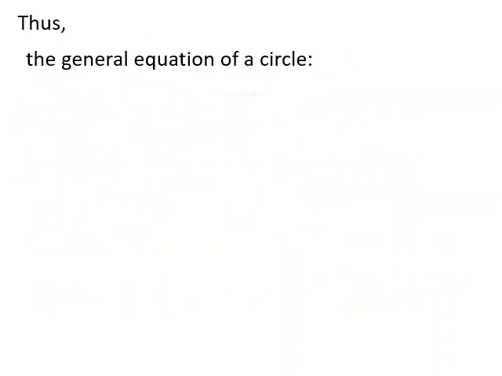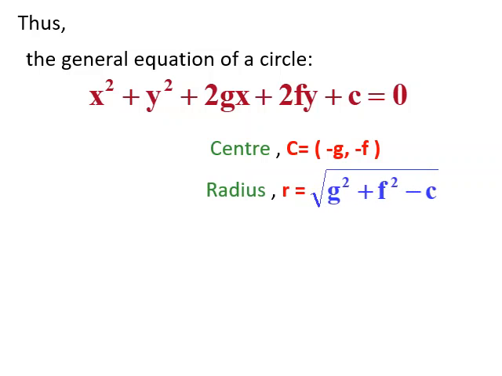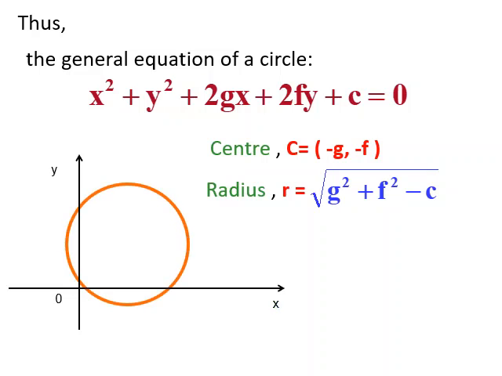Thus, the general equation of a circle is given by x^2 + y^2 + 2gx + 2fy + c = 0, where the center is (-g, -f) and the radius r equals the square root of g^2 + f^2 - c.